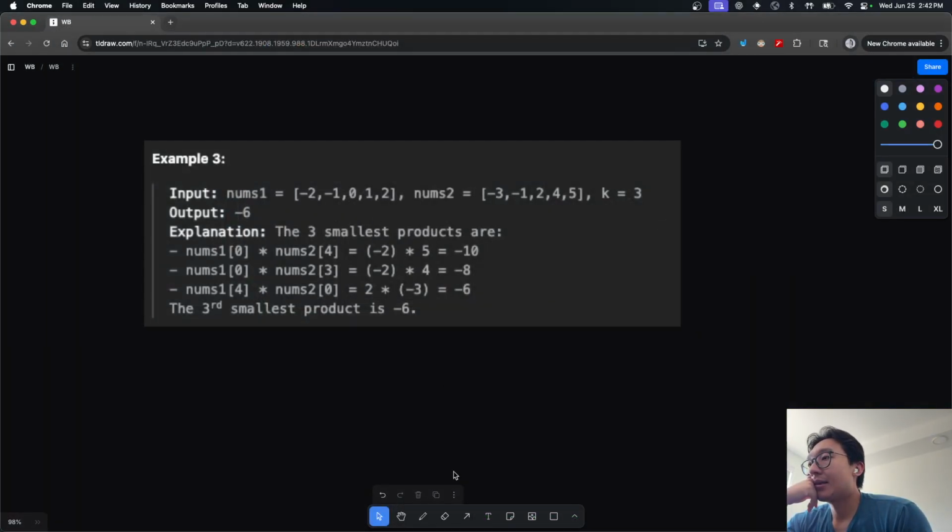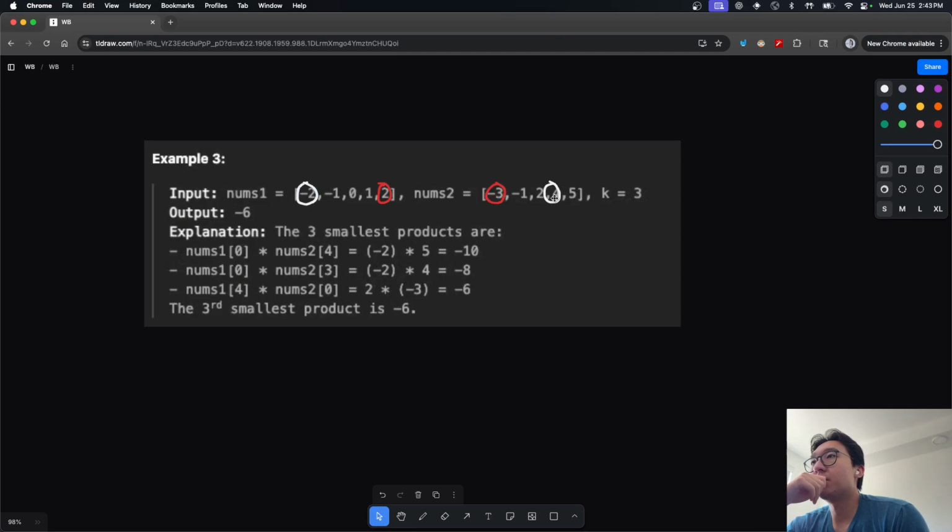Okay, so I think, let's see. So we have, let's do left. This is the greatest one. We multiply with this, and then we have the red, which is this multiplied by this. So let's see, -2 times -5.